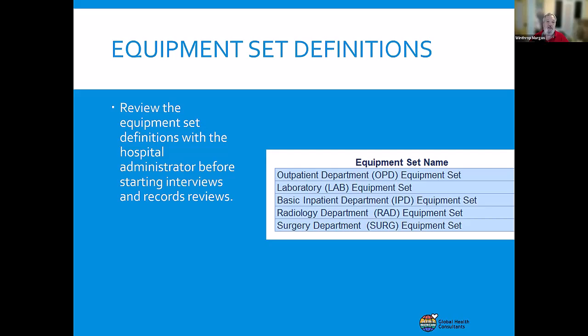So I would say do your best to collect the equipment information. And then after we've done that, we'll take a look at whether we got enough valid and reliable data to include that in our ultimate review and analysis.